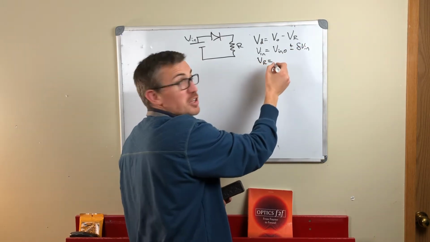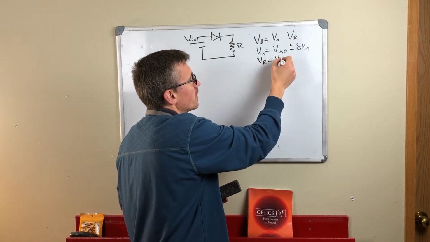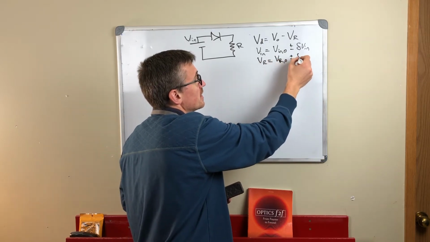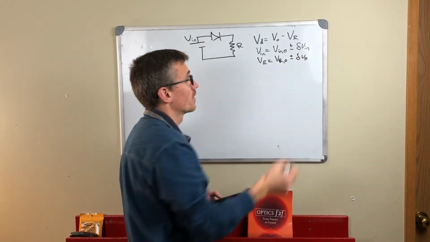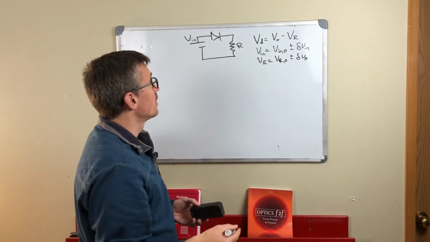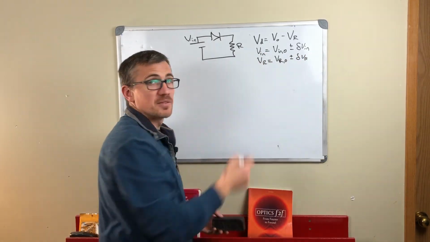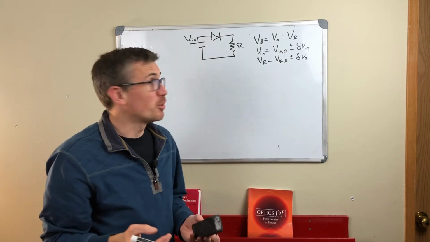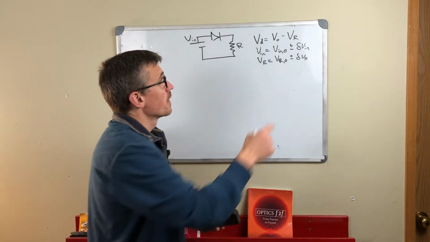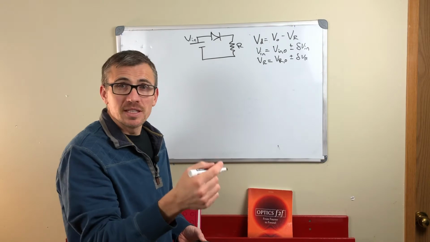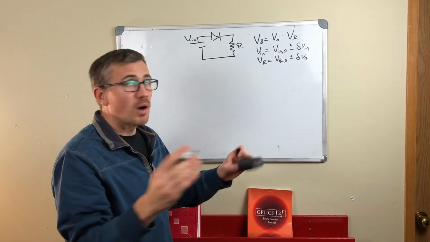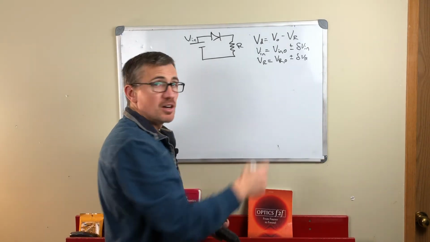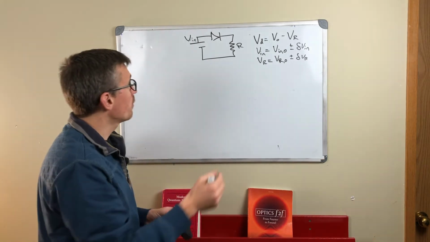VR, we measured it to be VR naught plus or minus delta VR, okay? And we know that our diode voltage is the difference of these. So let's just ask, how bad could it possibly be? Given that we know that V in is between these values, let's assume that it's the widest possible range. And VR is between these values. How bad can it get?